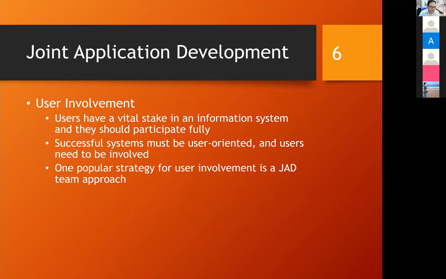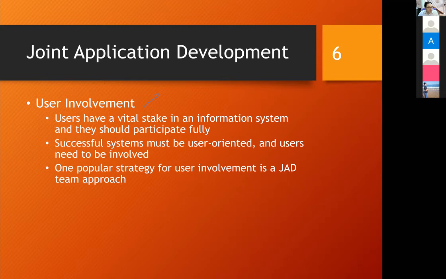That's why you need to have users' involvement, because users have a vital stake in the information system, as they have to give the feedback. Sometimes they help you to design the screen, the interface, before you pass it to the development team in order to let them develop the system according to the design of the user.